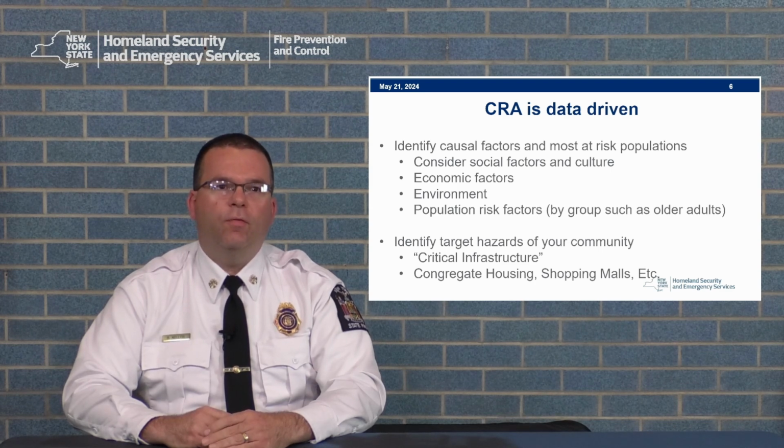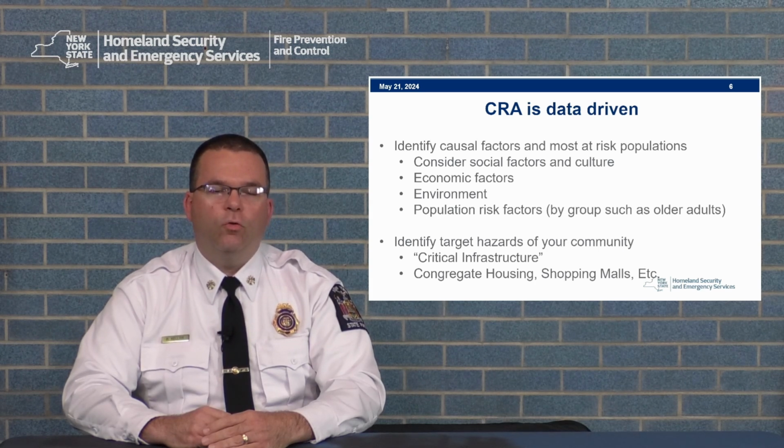Another thing that you need to do is identify causal factors in the most at-risk populations. So consider some social factors and culture. Do you have different social groups or cultures that are in your community or that are moving there that may have different hazard profiles or risks? Do you have groups that use open flame, for example, as one of their ways to cook their meals as opposed to traditional cooking methods?